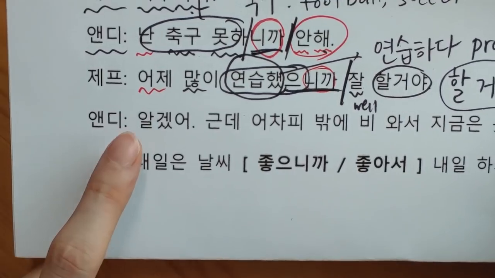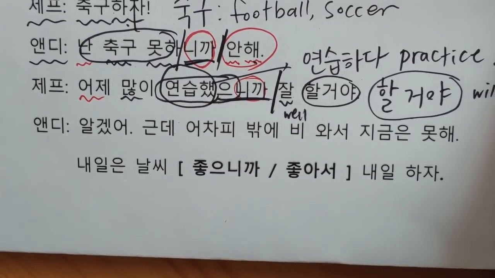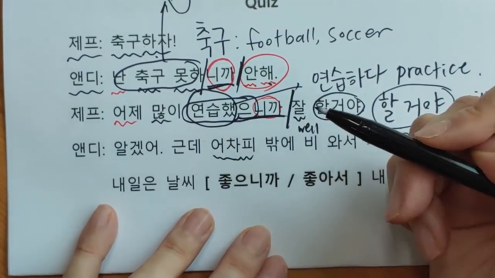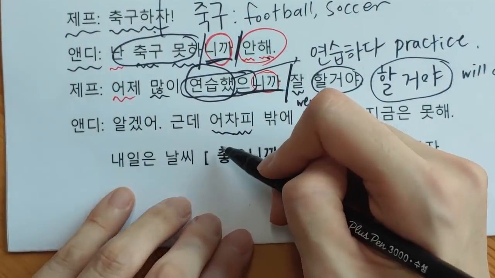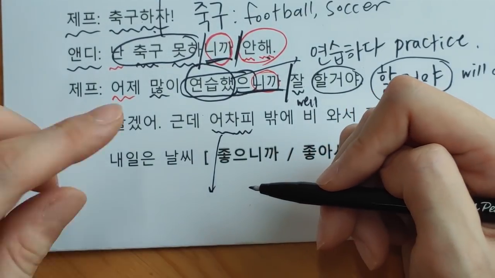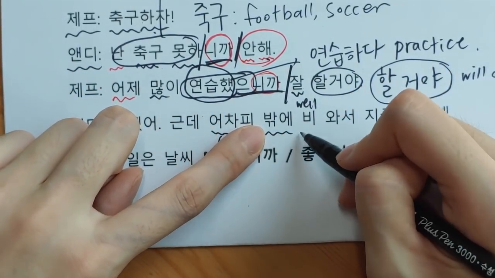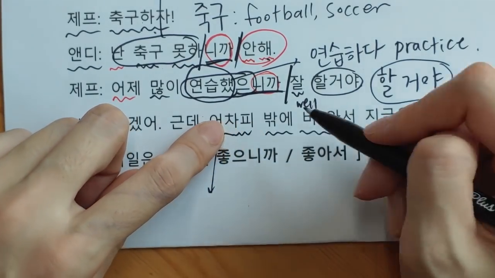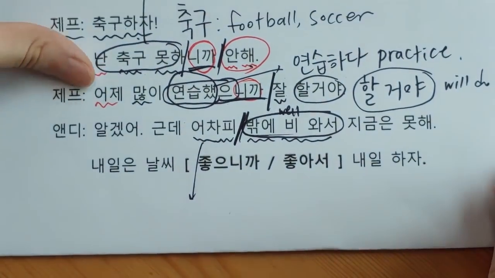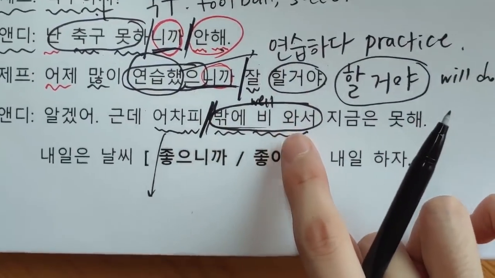And Andy says, 알겠어. Okay, alright. 근데, however, but, 어차피. This is also a good expression that you can remember. It means anyways or either way. 어차피 밖에 비 와서 지금은 못해. 밖에 비 와서, we learned what this means, right? 밖에, outside, 비 와서, raining. Outside, it's raining.